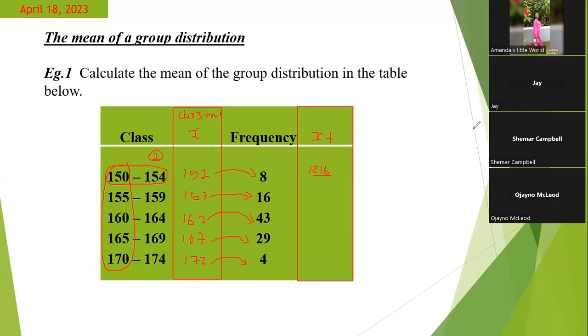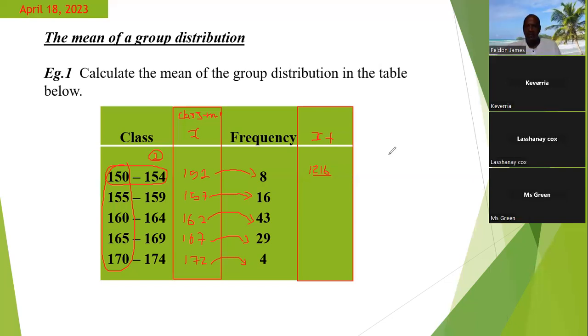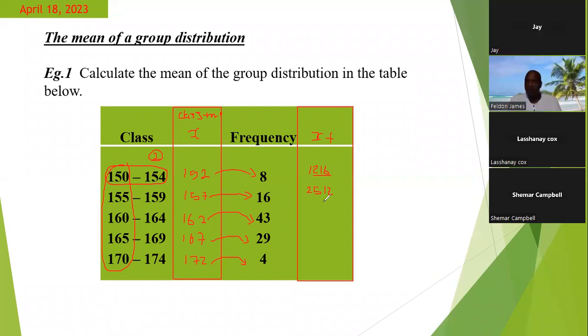Who else would have done it? Mr. Campbell, have you done your second XF value? Yes, sir. I got 2,512. Can anybody confirm that that's what they get as well? All right, correct.